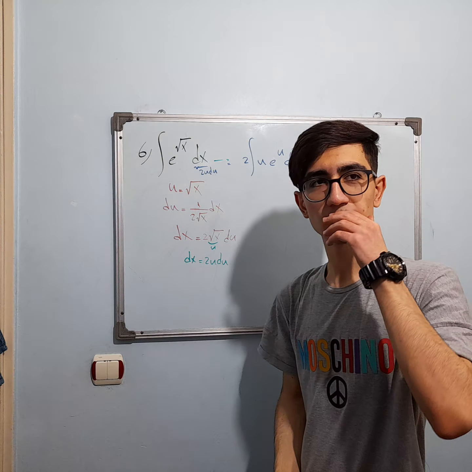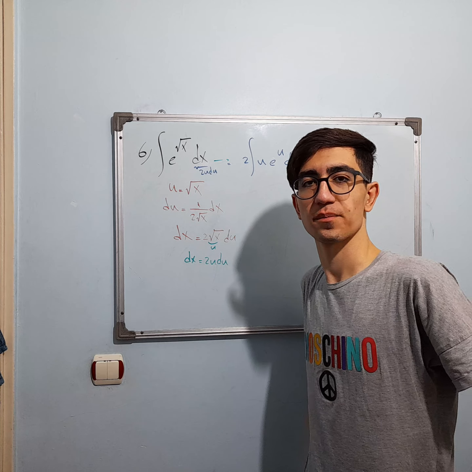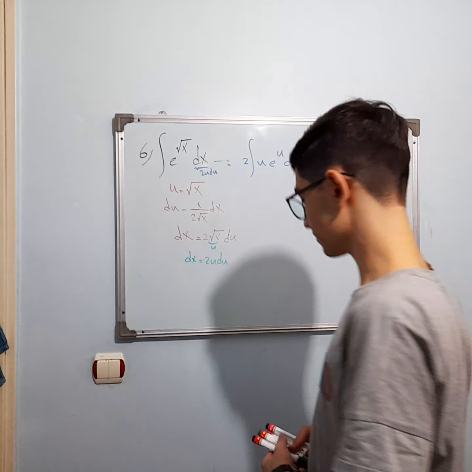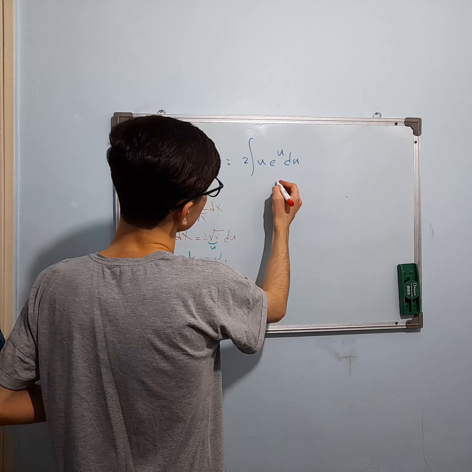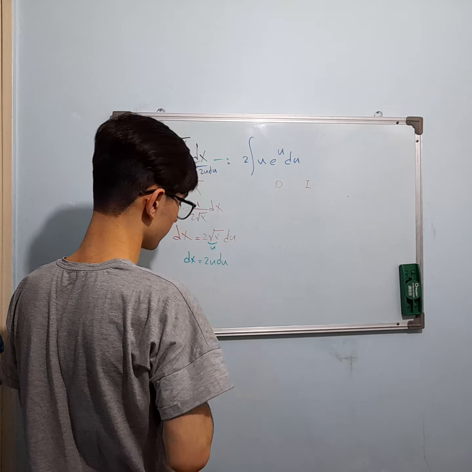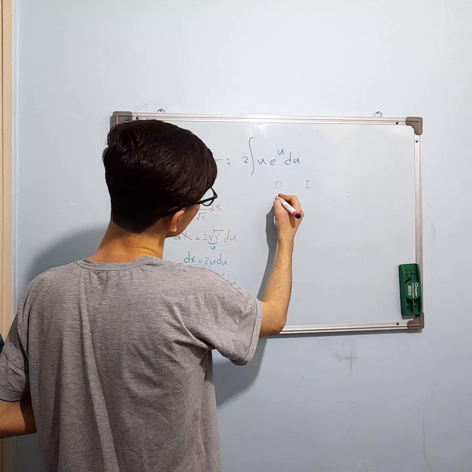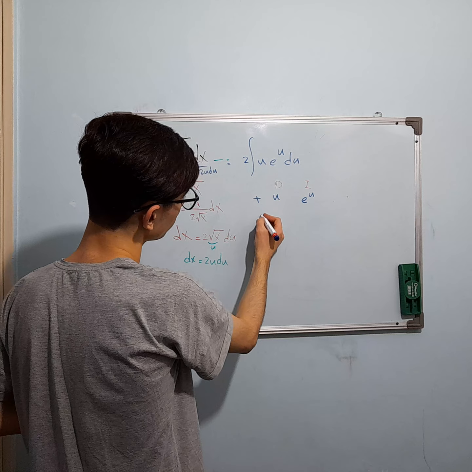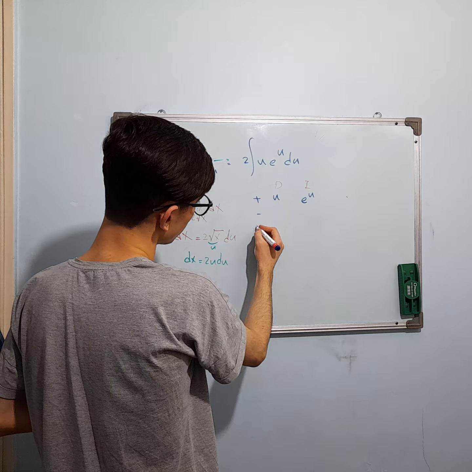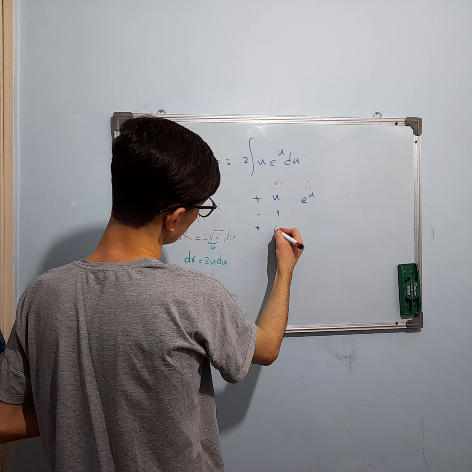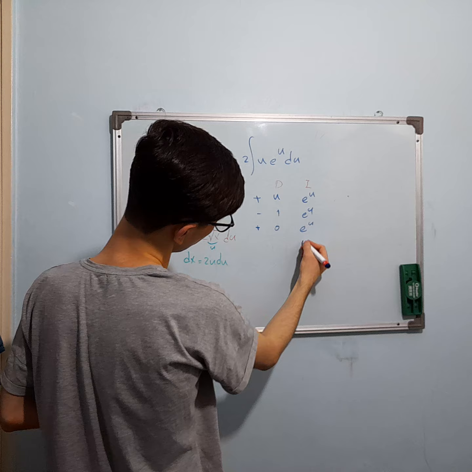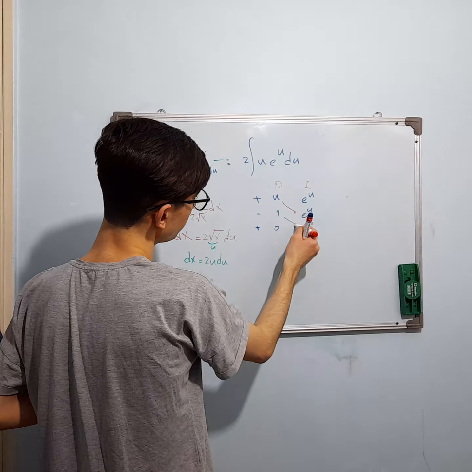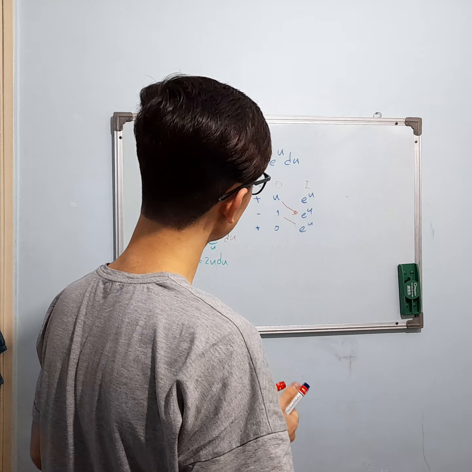Of course, there are integrals for which this method won't help us, but it's a great method. Okay, so DI. I select u to be differentiated and e to the u to be integrated, and don't forget plus, minus: the derivative of u is 1, then 0, and e to the u to infinity. Okay, and now we must multiply them, u times e to the u.